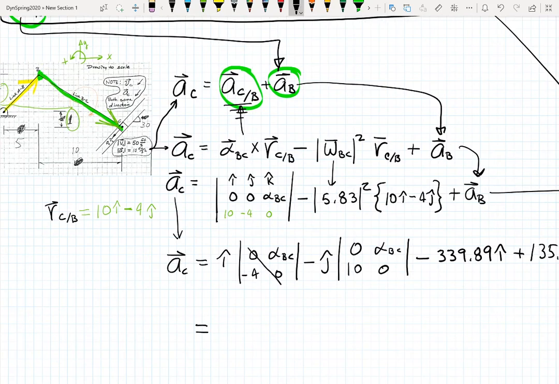Plus these two minus these two becomes, well, there's a minus of a minus, 4 alpha BC i, plus these two minus those two gives me a minus, a minus gives me 10 alpha BC j.